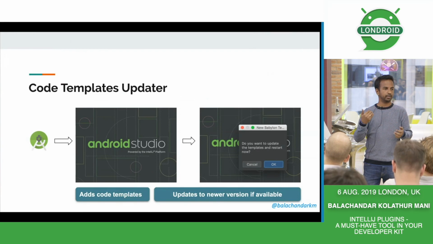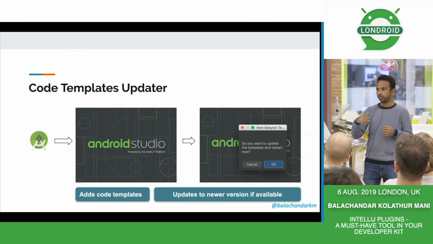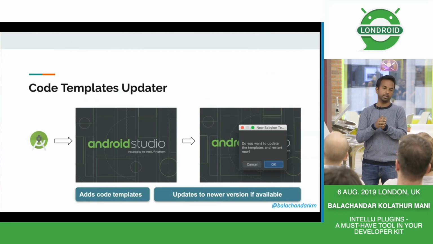Everybody updates to the latest plugin, and when they restart Android Studio, they are prompted to update their templates, and the plugin deletes their old template version, adds the new templates, and restarts Android Studio. As we do this in the application component, it is very quick. As soon as you open Android Studio, it will straight away show this dialog and will stop Android Studio from proceeding.